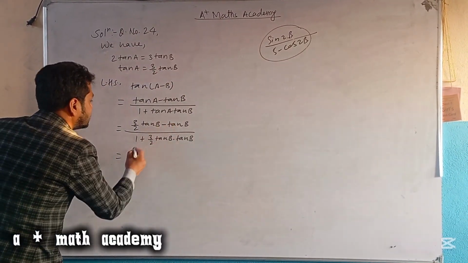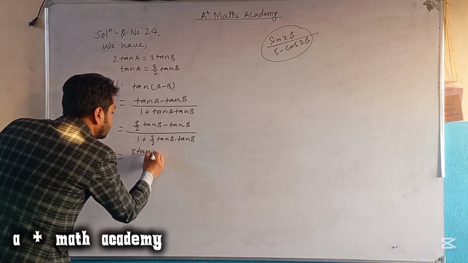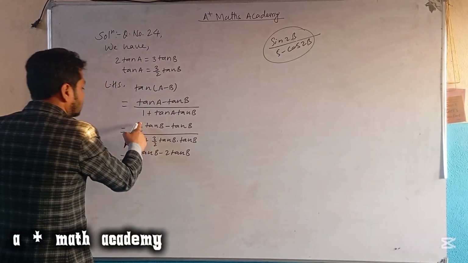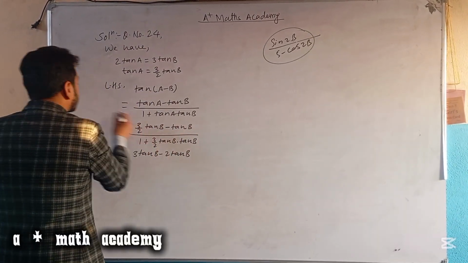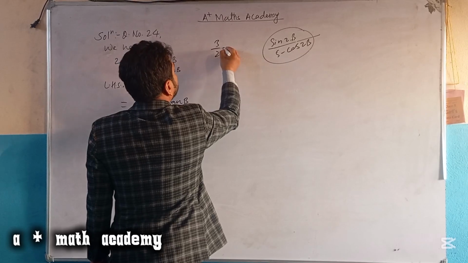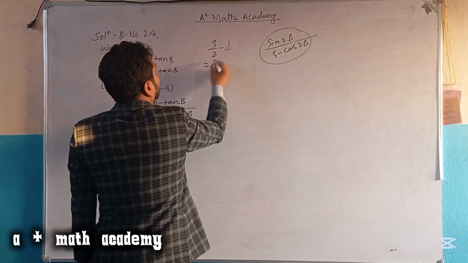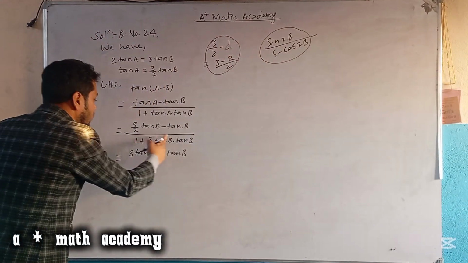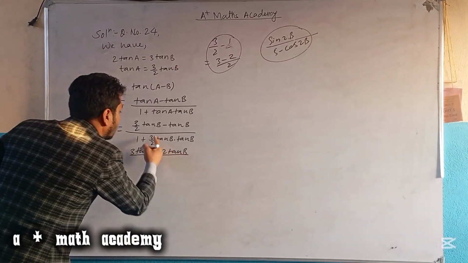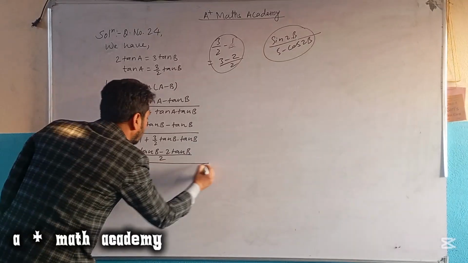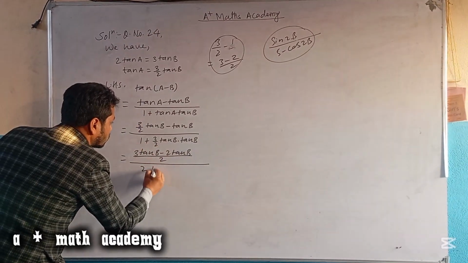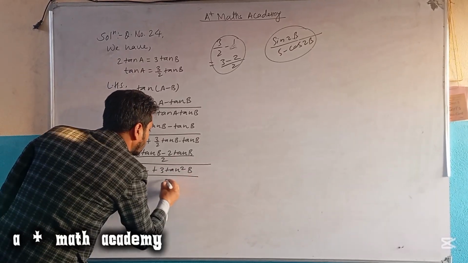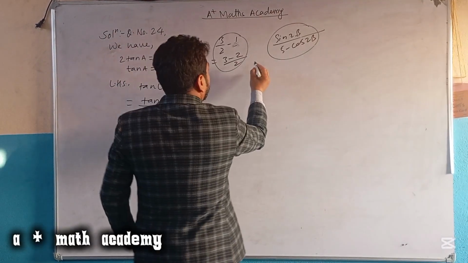Okay, now we solve it. Here 3 by 2 tan B minus tan B, so 3 by 2 minus 1, we can subtract: 3 minus 2, upon 2. In the denominator we get 2 plus 3 tan square B upon 2. Here what happened?